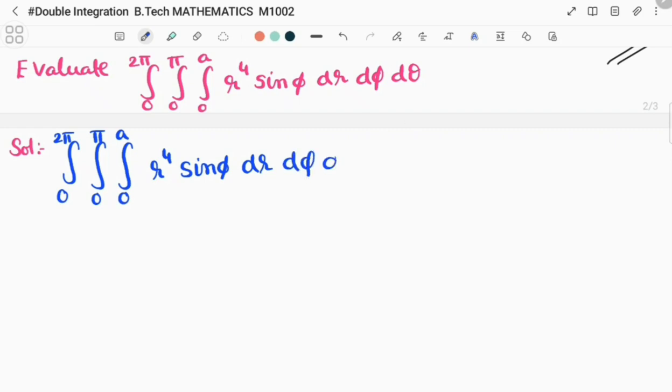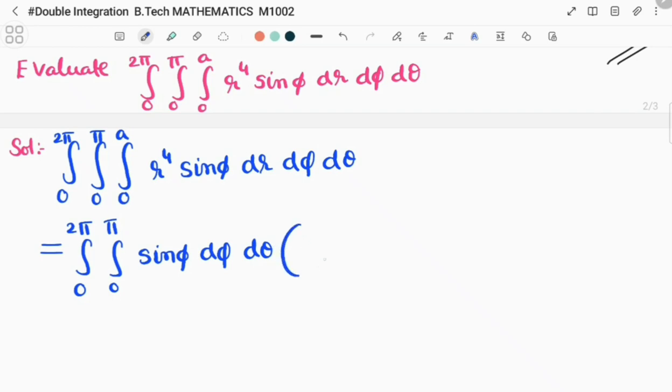So we are doing the third integration, with respect to r, so the rest of them we can treat as constants. So 0 to 2 pi, 0 to pi, sin phi d phi into d theta. Keep a bracket, integral 0 to a r power 4 dr. I think now you have clarity about this, dear students.